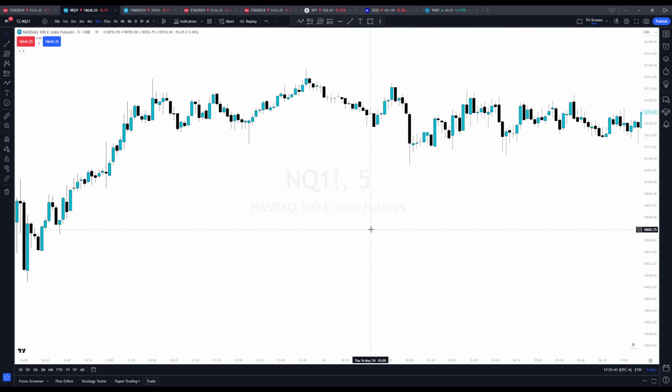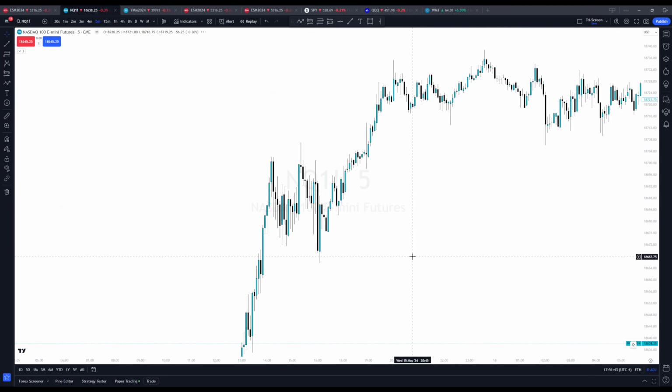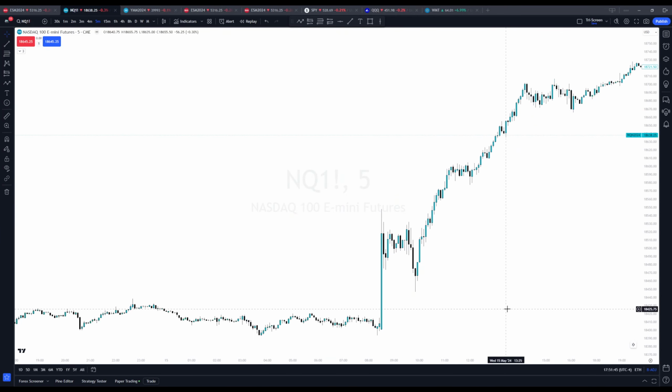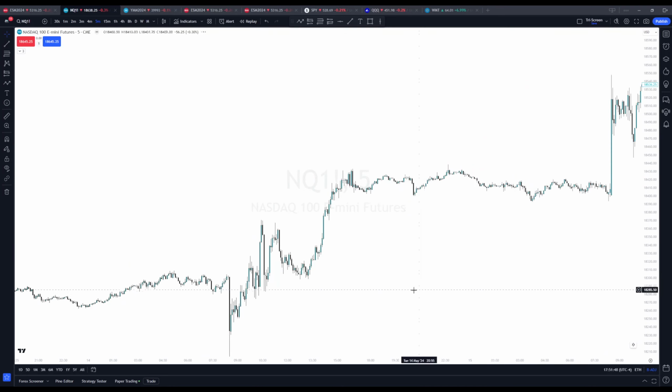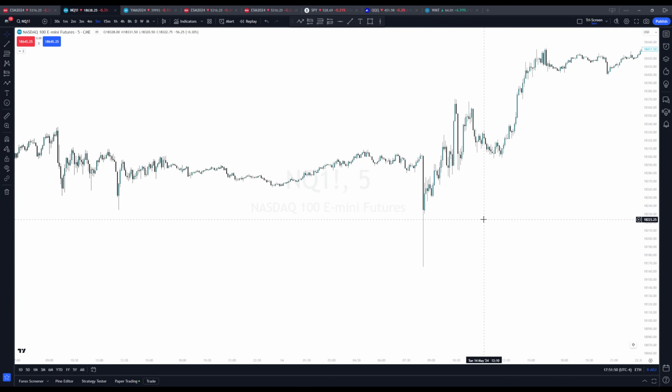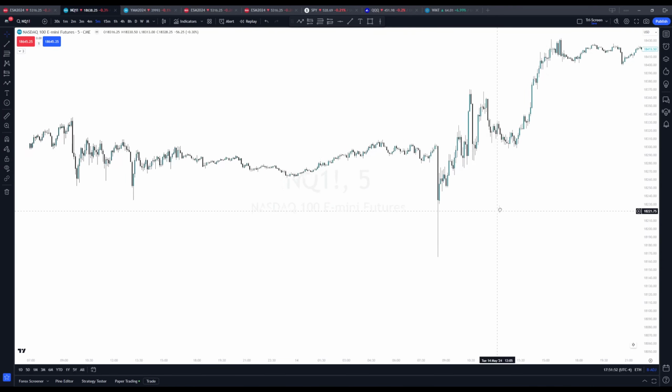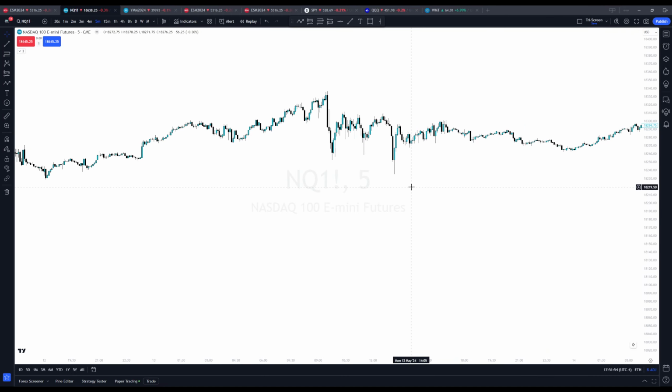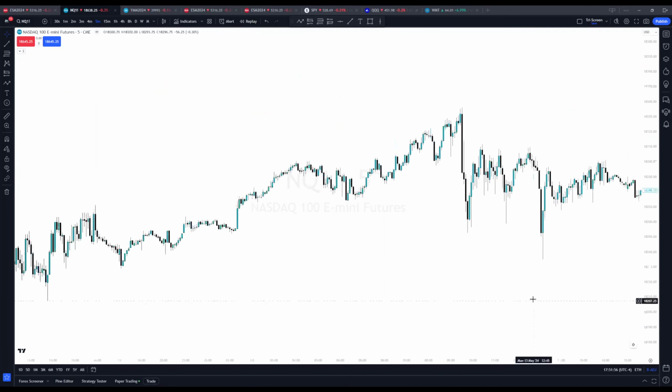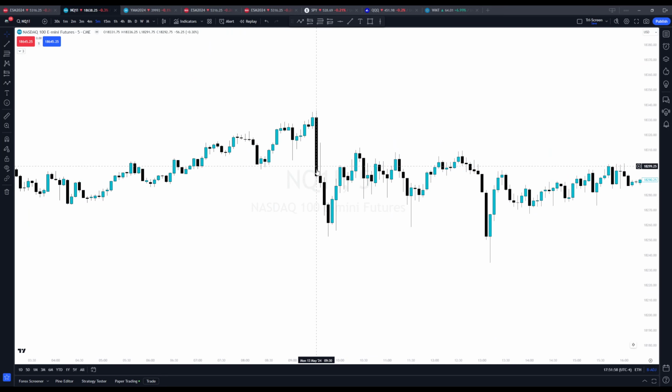Let me see if I can find a better example. There was a good example a couple days ago. Let's see, where was it? So kind of like here, you see big down, big down, big down.